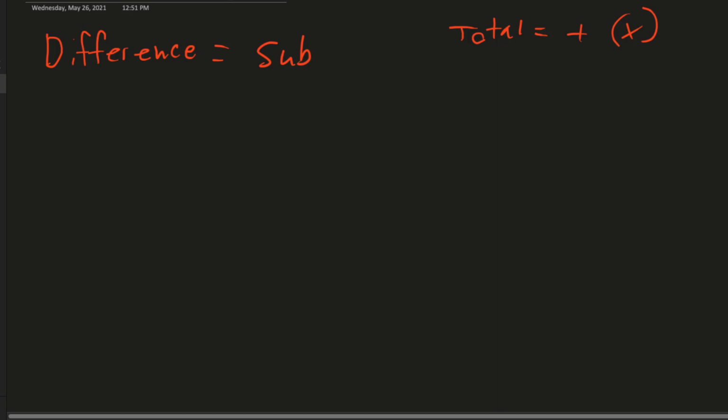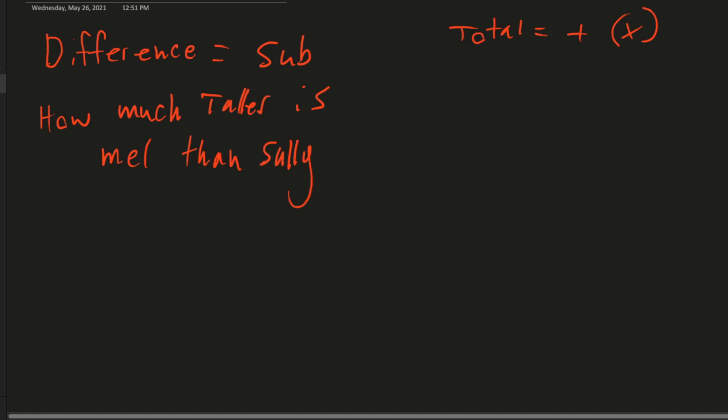So we can have a question about like how much taller is Mel than Sally? So right away, when we see how much taller is, and then also this than, than is a comparison word.